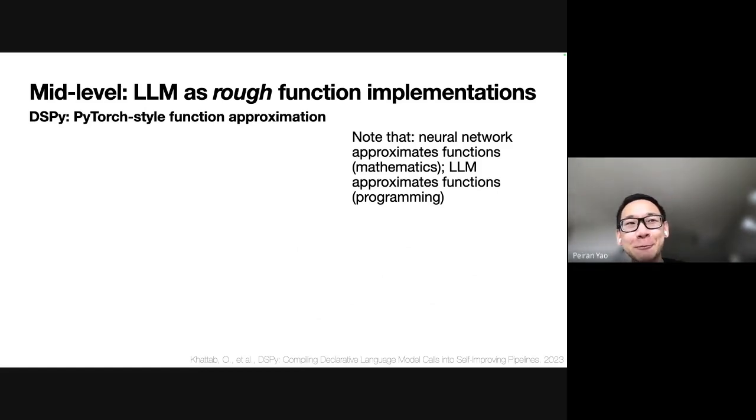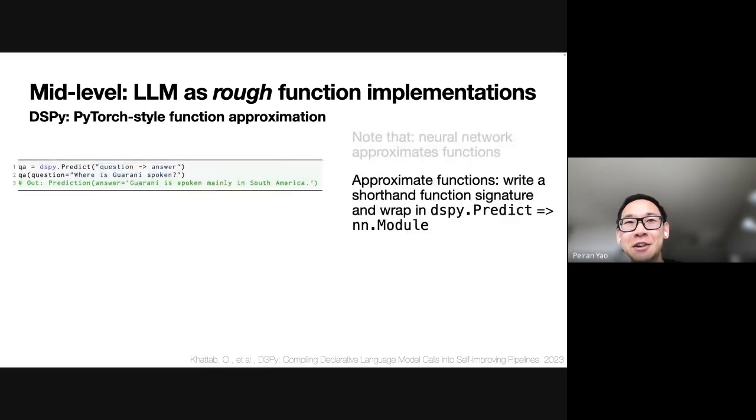In an LLM, you map some computer programming data types to some data types. Since this has some analogy, we can build tools similar to what we have for neural networks approximating math functions, basically copying the PyTorch API for LLM function approximations.